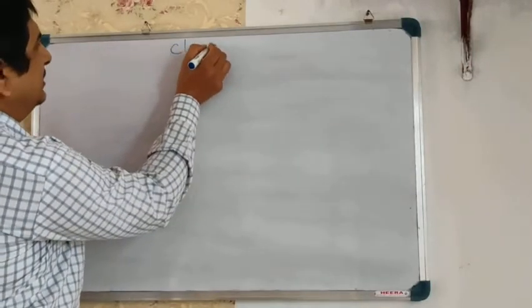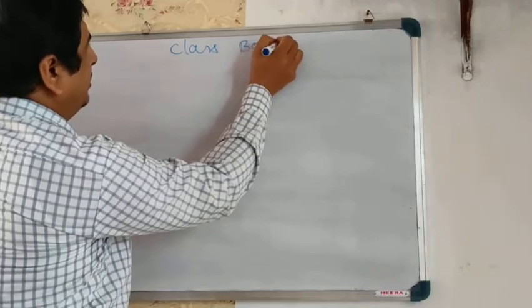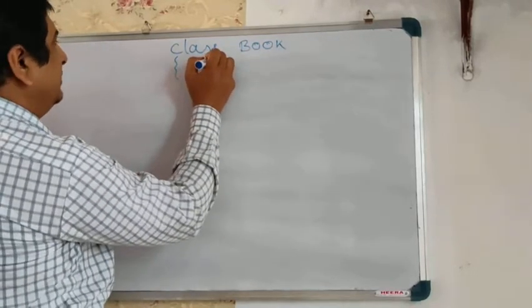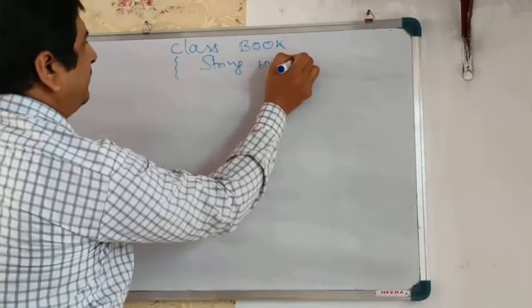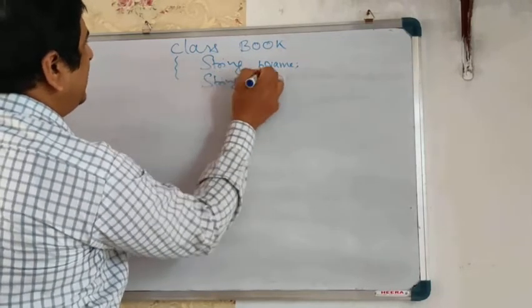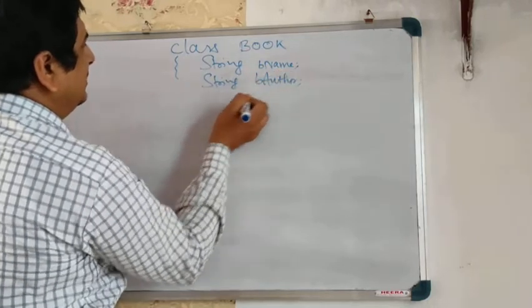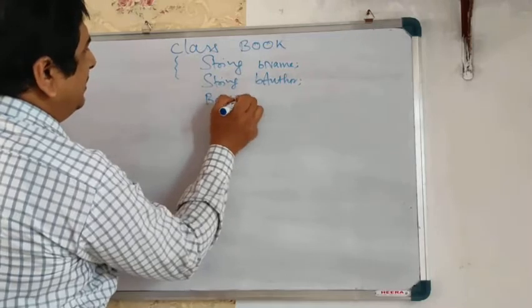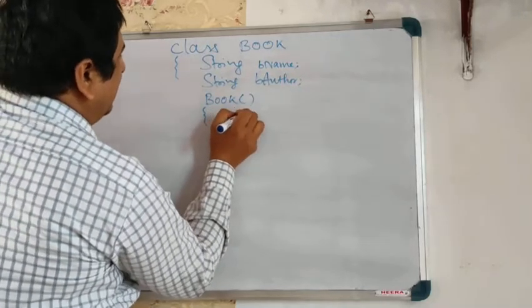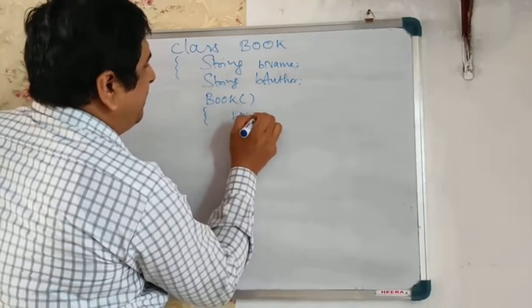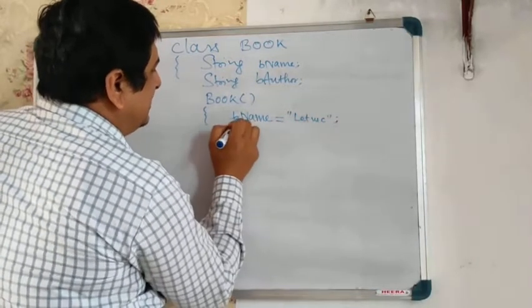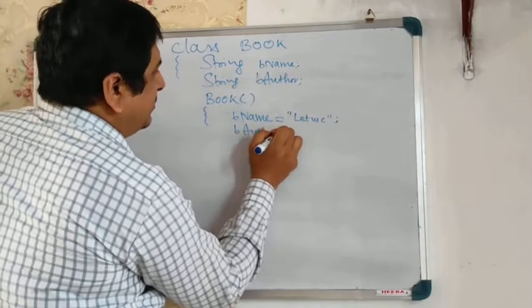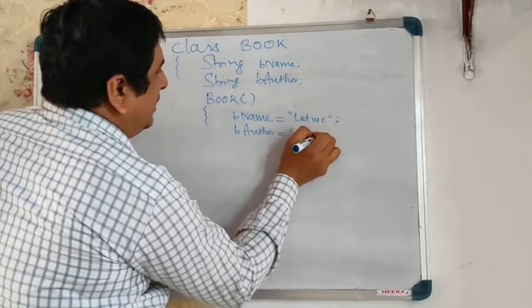Okay, so here as I said, a class Book, then I said string bname, then I said again string bauthor, then we have a constructor Book where I said bname equal to, let us see, then I said bauthor equal to Kanitkar.